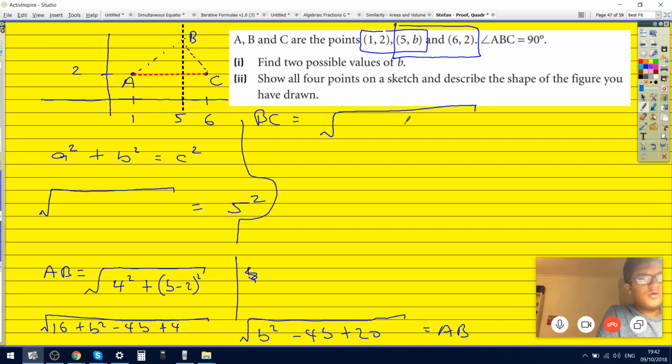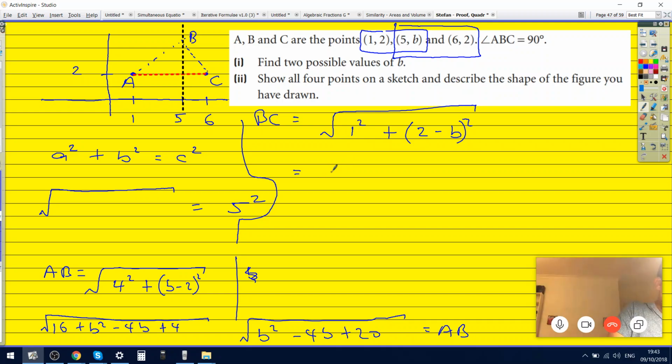So the change in x is 1. And then the change in y is b minus 2, in a bracket squared. So it should be 2 minus b. I don't think it'll make much difference. So what do you get?